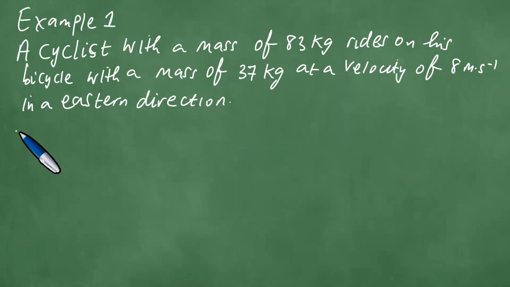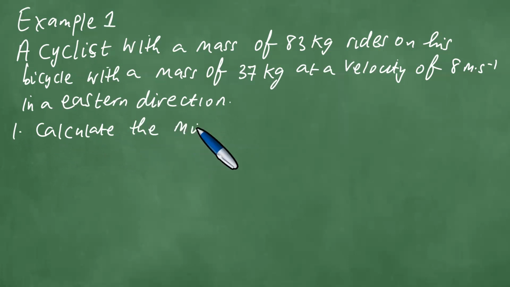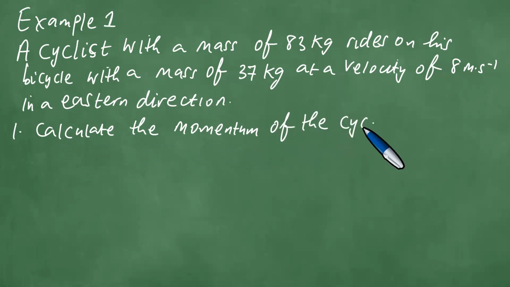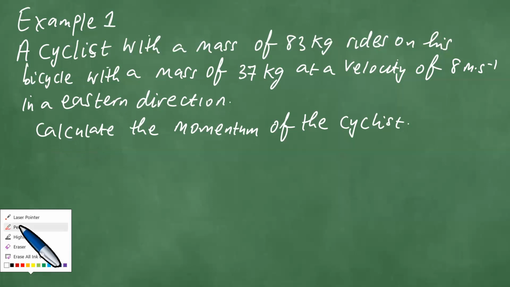First, question 1. We need to calculate the momentum of the cyclist. I'm just using some parentheses here. It doesn't matter for the numbering.